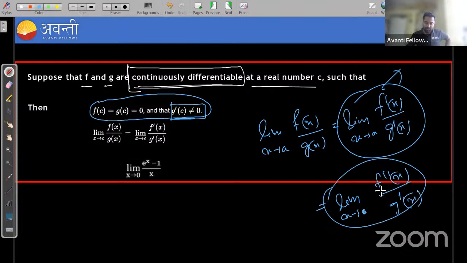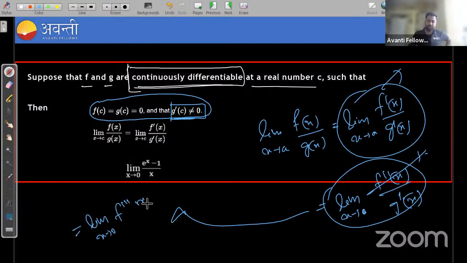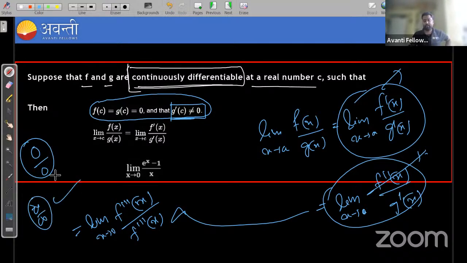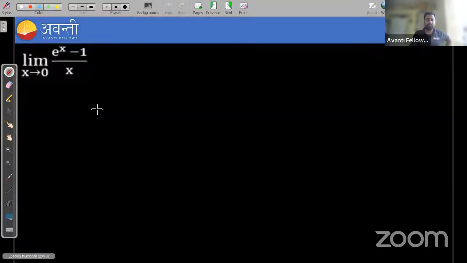If you still don't get a finite limit, you can move to the third derivative, f triple dash of x upon g triple dash of x. So when can we apply this rule? When the limit is in the form of 0 by 0 or infinity by infinity. Clear? Yes.